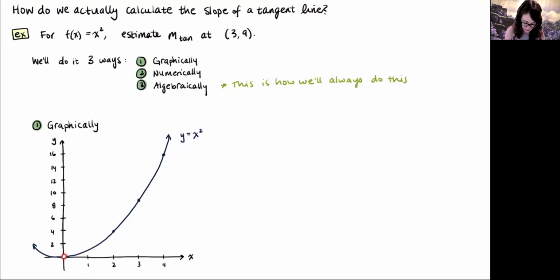We could plot some points: 0, 0, and 1, 1, because 1 squared is 1. 2 squared is 4, so there's that point. 3 squared is 9, so there's that point, and then 4 squared is 16, and so there's that point. Now sketch a tangent line to the point that we're interested in. That's right here at 3, 9.